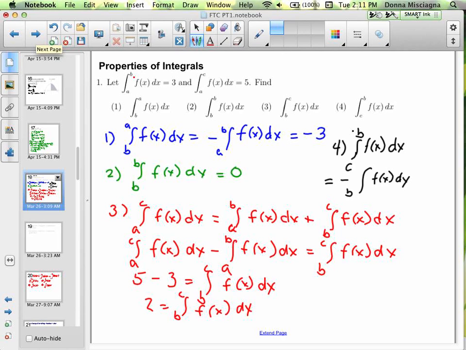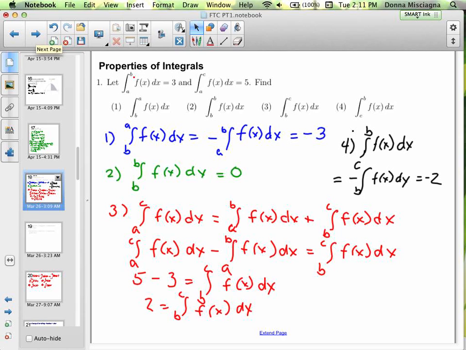From B to C was 2, so this would just be -2. I'll try to make that a little nicer. I guess as nice as it's going to look.